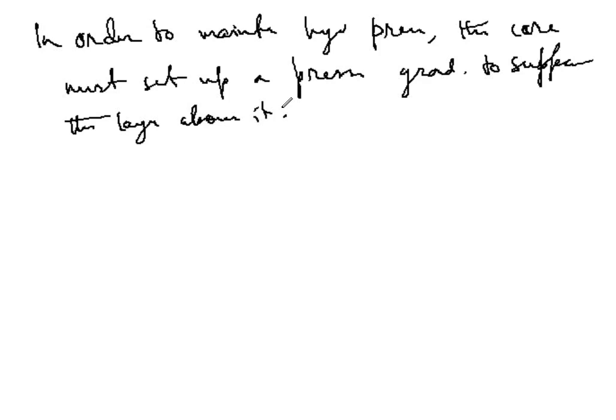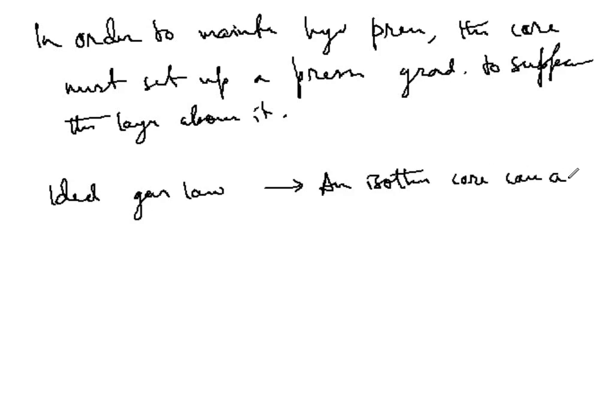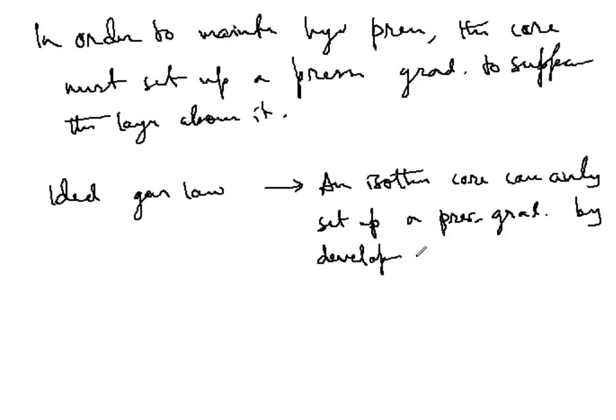Right. Now, what can you say from the ideal gas law? From the ideal gas law, you can say that an isothermal core can only set up a pressure gradient by developing a density gradient.